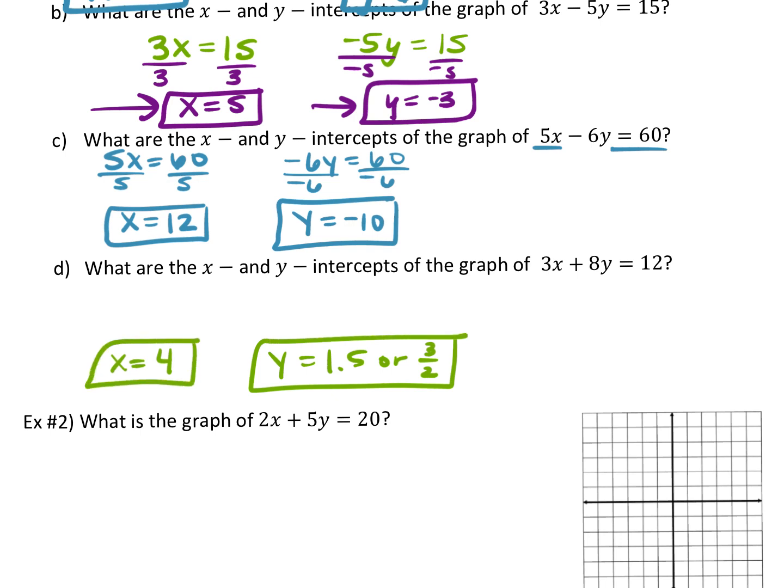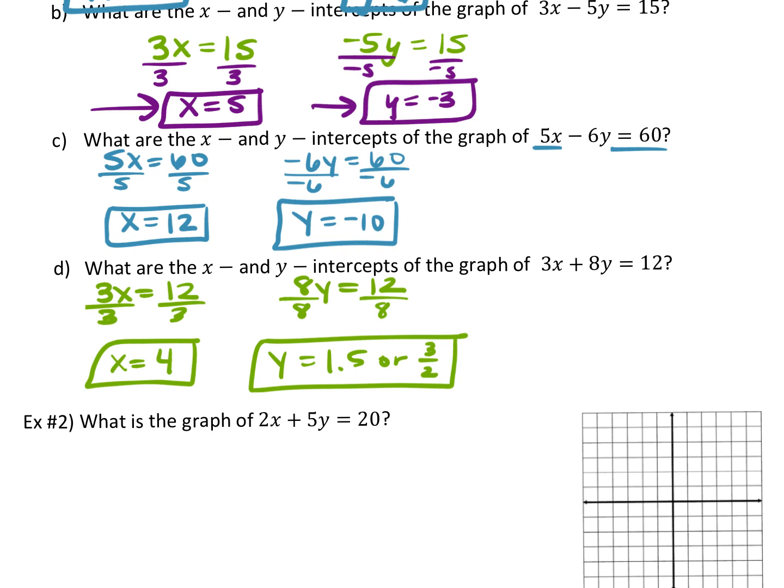But those would be your intercepts, okay? So if we solve that, it would be 3x equals 12. It would be 8y equals 12, and then you just divide. Okay, 12 over 8, you always want to reduce your fraction. So either plug it into your calculator and get 1.5, that's fine, or reduce 12 over 8 to 3 over 2. Okay, any questions on that?